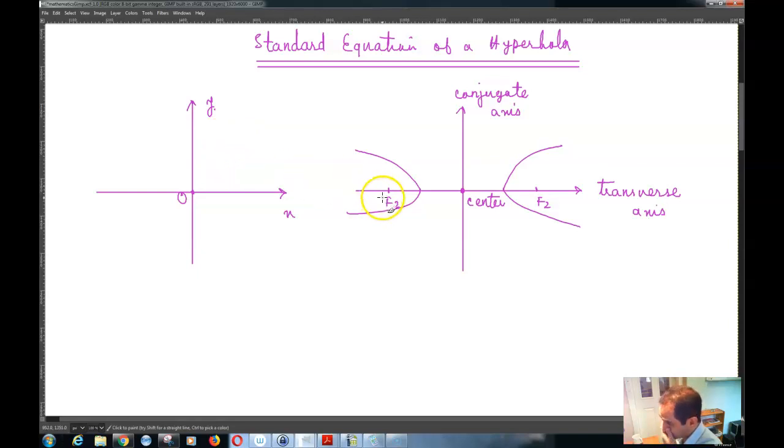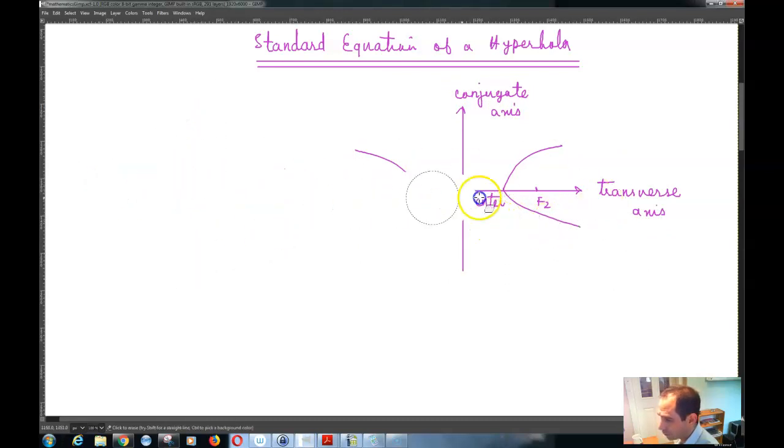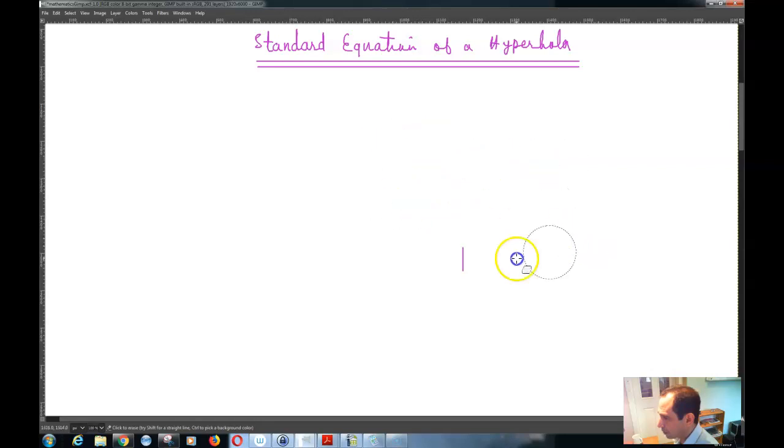And what we are going to do here is derive the equation of a hyperbola that is in this orientation, meaning that if you have your hyperbola somewhere like this, with the transverse axis along the x-axis and the conjugate axis along the y-axis, then you would have some hyperbola like this.